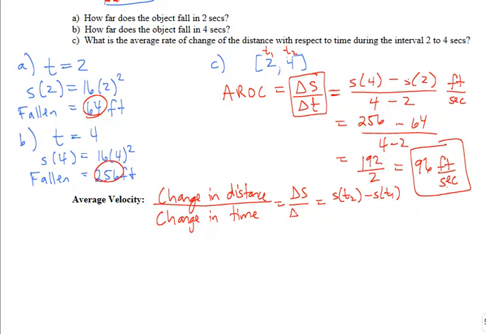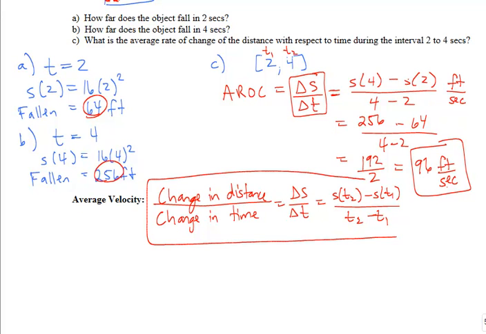So that's change in T or T2 minus T1. So you want to have that memorized as well. It's exactly the same thing as average rate of change or slope of a secant line, but it's in the context of a function that's measuring distance over time. So average velocity, how fast an object is traveling over an interval of time.